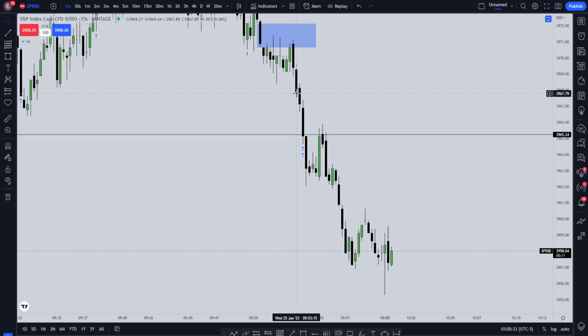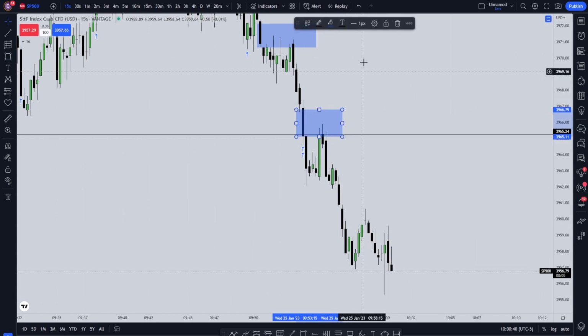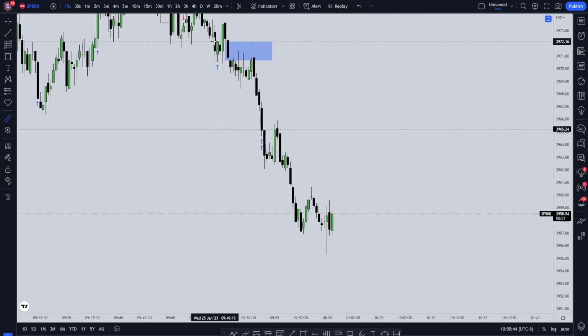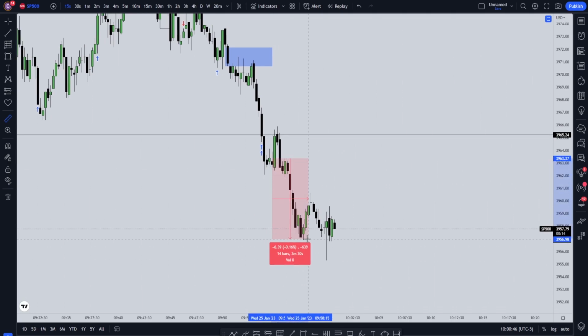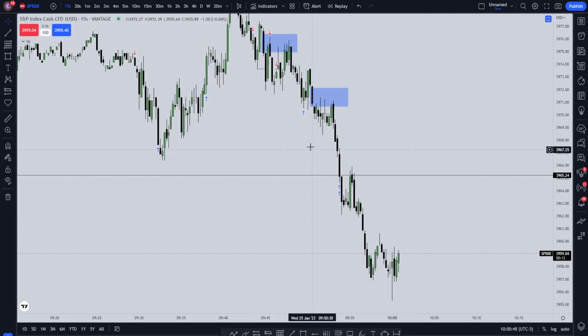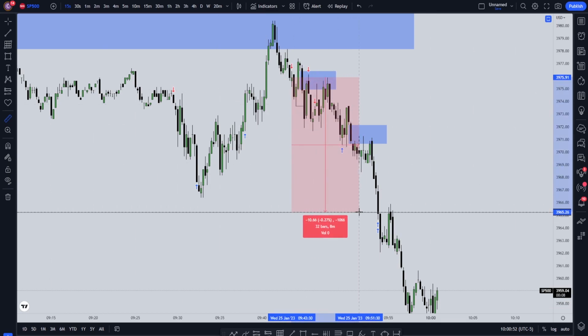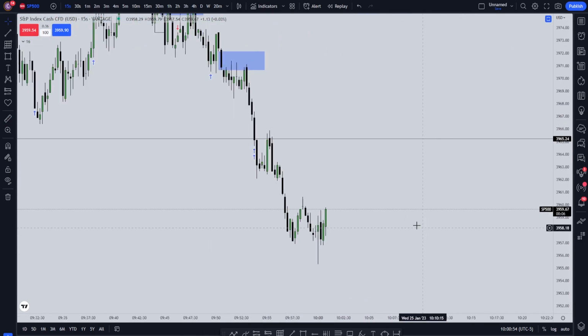As we see here, price took the low, came back to this fair value gap, and it's continuing on lower. But since I'm done trading, I just had these 2 small moves, and then that whole move over here was around, let's have a look, around 10 handles.